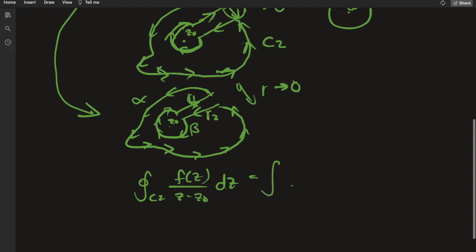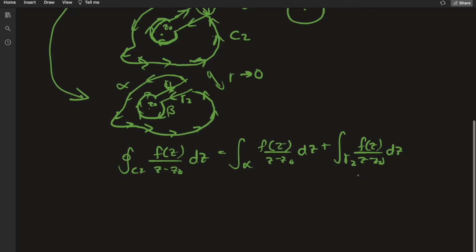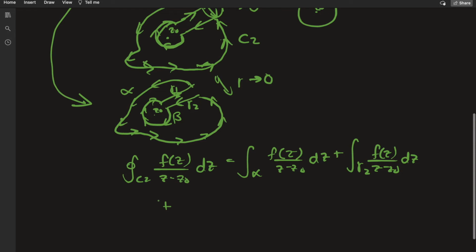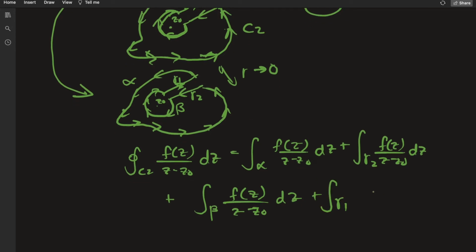So we have the integral over alpha of f of z over z minus z naught dz. Then we reach this point. Then we have the integral over gamma 2 of f of z over z minus z naught dz. Then the integral over beta of f of z over z minus z naught dz, and then the integral over gamma 1 of f of z over z minus z naught dz.